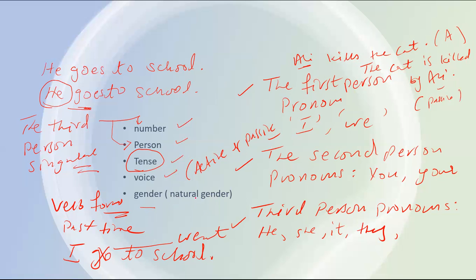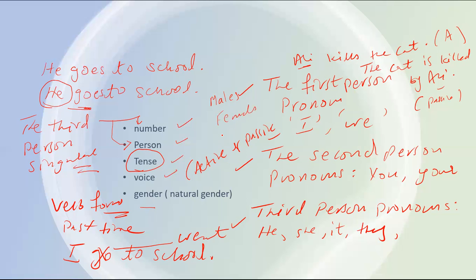Then comes the concept of gender. In English, we have two genders, right, which occur naturally, and they are males and females.